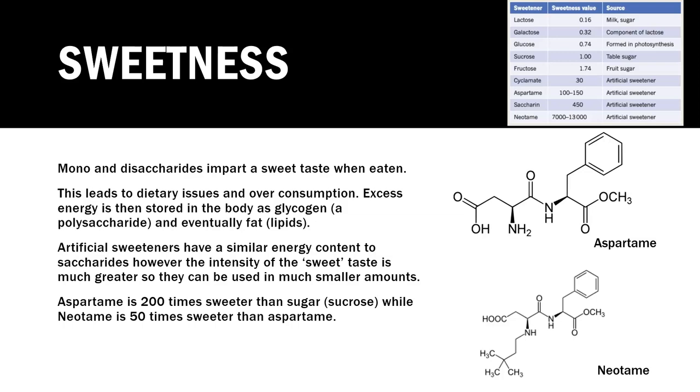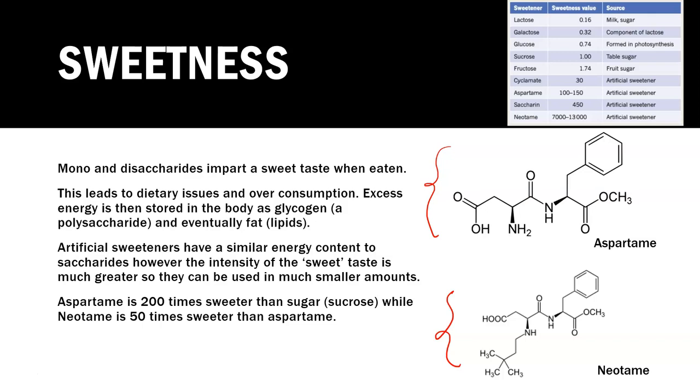So aspartame, which is the one given to you in your data booklet, is about 200 times sweeter than sucrose, and neotame, this one here, is 50 times sweeter than aspartame. What this means is to get the same sweetness as we do for sugar, we use 1,000 times less or 200 times less than the amount of sugar to get that same sweetness.